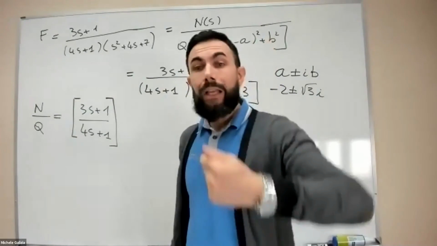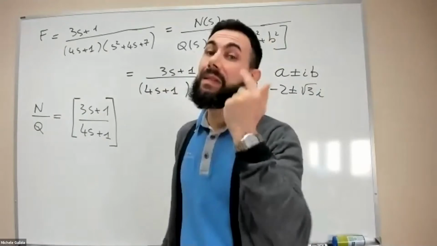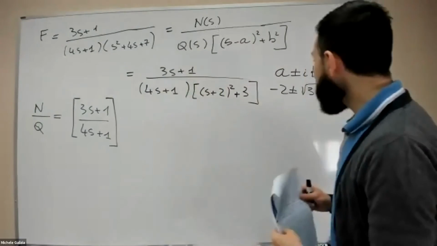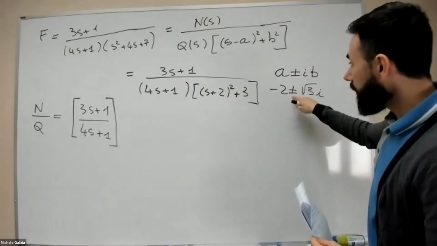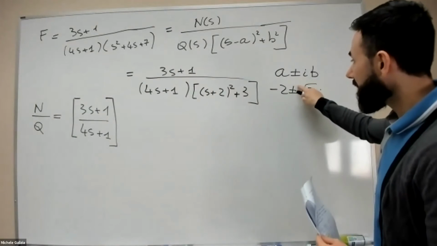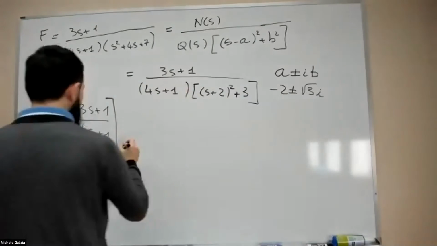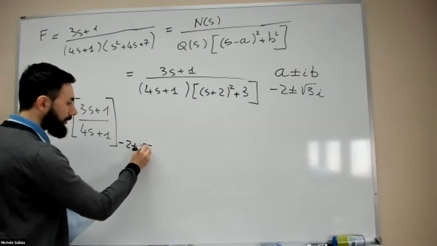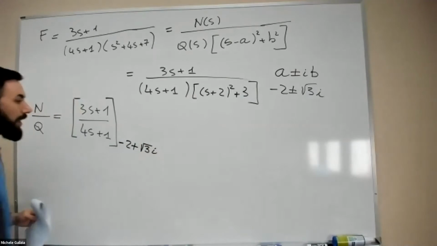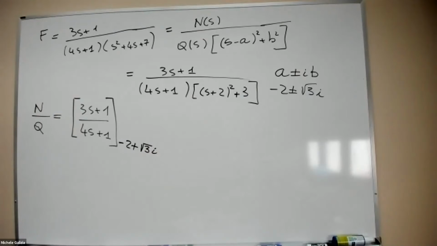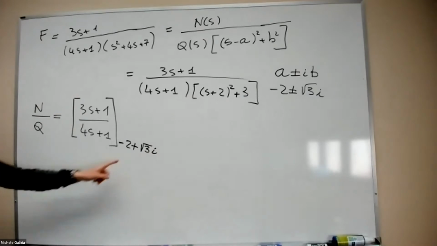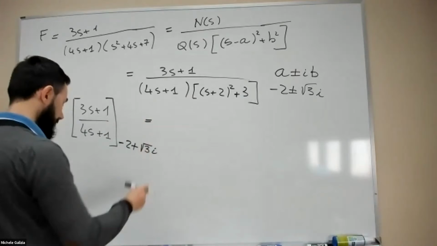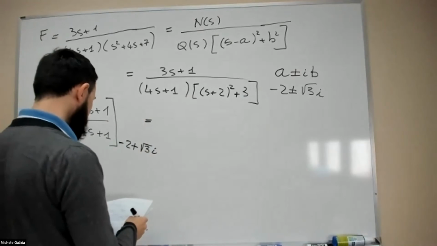Each complex comes with its own conjugate. So we have to pick the pole with the positive imaginary part. So we have to calculate this in -2 plus square root of 3i. Okay? So we have just to replace this here. And basically, we get something like this.